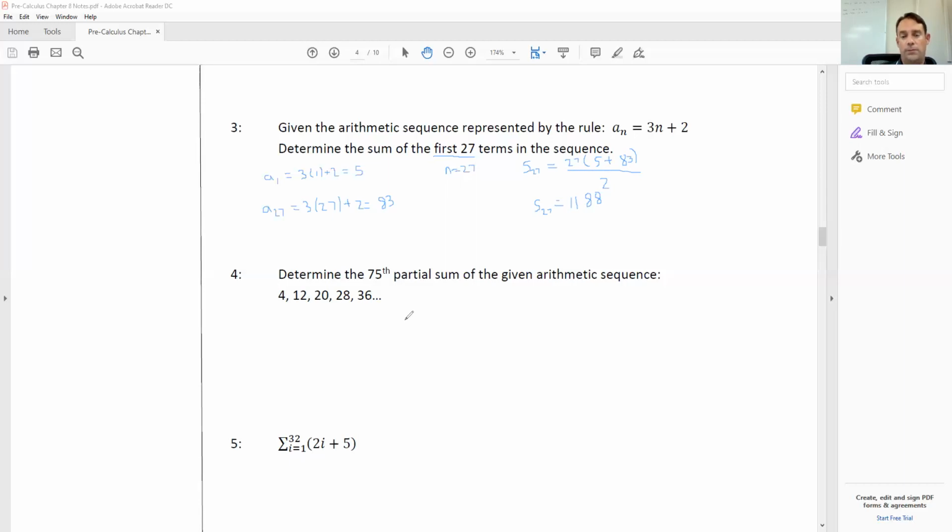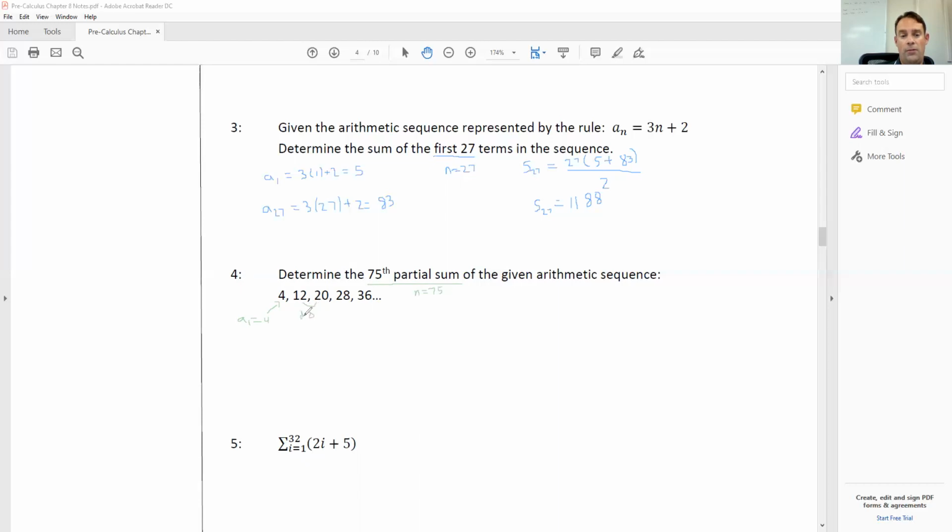How about this one? Number 4. Well, I'm looking here, I see the 75th partial sum, that means 75 terms. I see that my a sub 1 is 4. I don't know my 75th term, but I do notice that my common difference is 8.